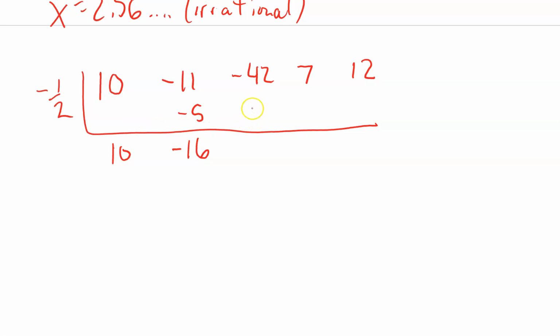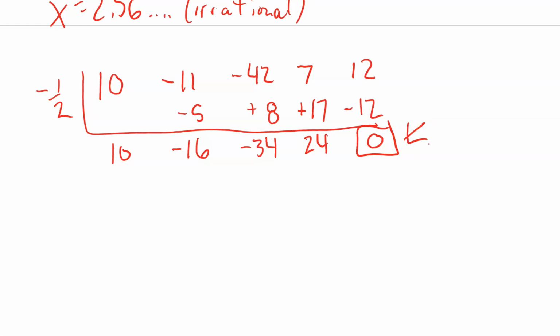Negative 1/2 times negative 16 is positive 8. Negative 42 plus positive 8 is negative 34. Multiplication, that is positive 17. 7 plus 17 is 24. Multiplication, negative 1/2 times positive 24 is negative 12. And as hoped, 0 remainder. So this is one of my factors for sure, one of my zeros I should say.